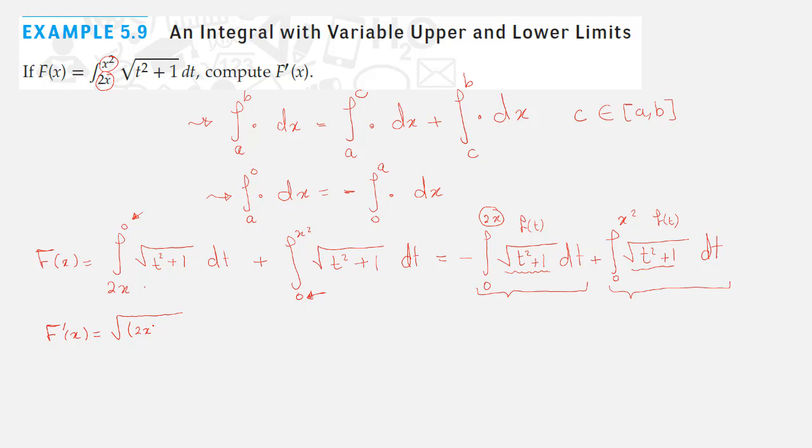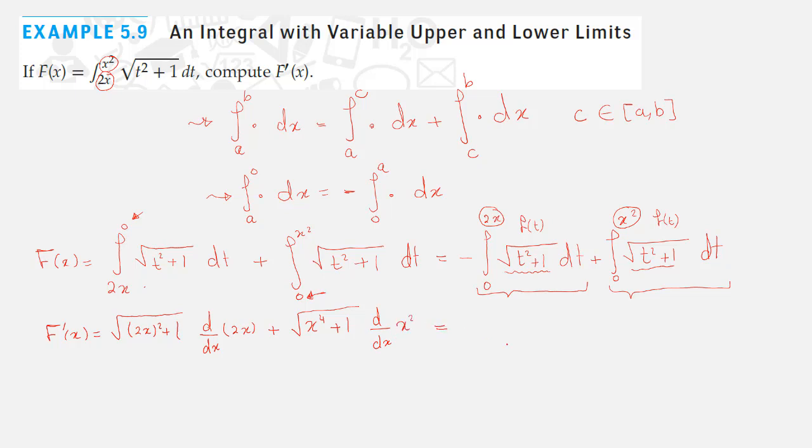So the square root of 2x squared plus 1, and then we use the chain rule, d over dx of 2x, plus the square root of x to the 4 plus 1, using the chain rule again, d over dx of x squared.